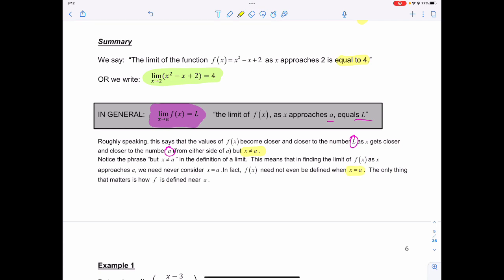Like in the last lesson, where the slope was 9 over 3, and I tried to use the same point, I wound up dividing by 0, so it is undefined. So even if it is undefined at this point, the limit still works. All that matters is how f is defined near, or as it is approaching, a.